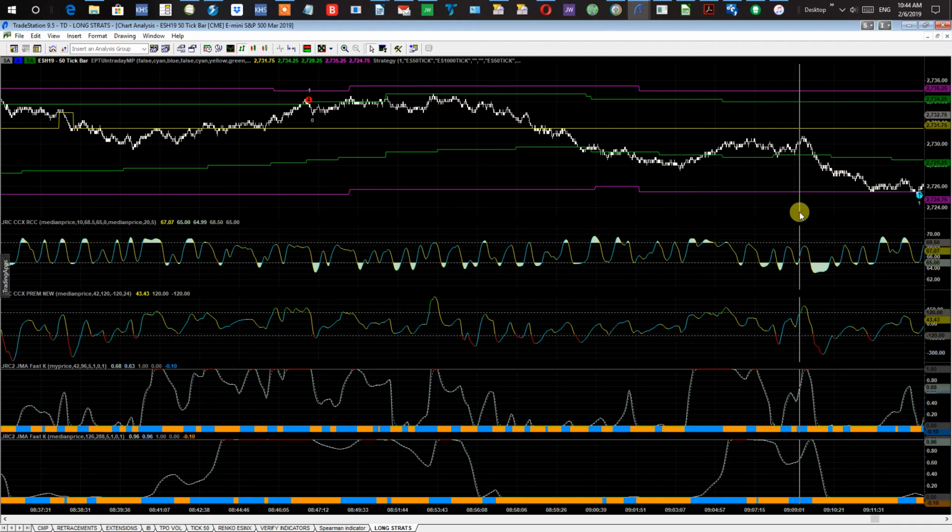Because while we are expecting the ES to continue to move down, generally at least to the lower value area here, or the projected lower value area here, we didn't execute any long trade, or we didn't get out of that short trade at least, because what happened right here was a heads up as to what was going to happen. The next major move was going to happen based upon what the premium did right here.